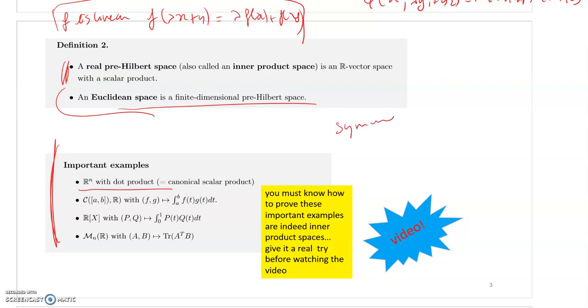You can try first symmetry, then bilinearity, but if you show linearity in only one of its arguments and use symmetry, then you have bilinearity. And finally, positive definite. Okay, so try these examples and you can see in the next video if it's all right. Thank you.